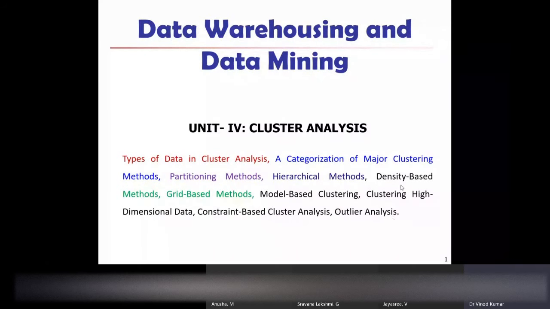Before that we need to know the types of data in cluster analysis, because whatever clustering you do is completely dependent upon the types of data that you are going to cluster.